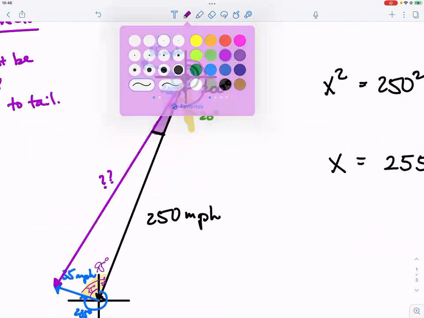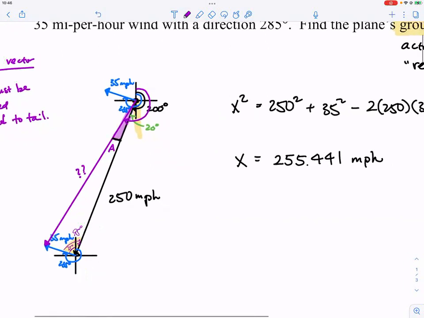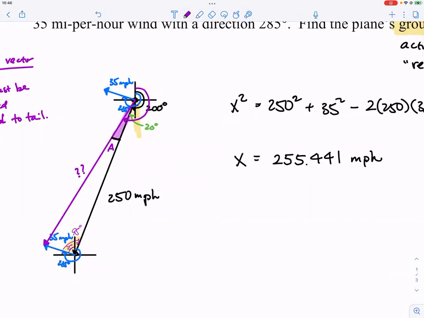Can you find out this purple angle? Let's call this angle A, or theta, or theta prime, whatever.